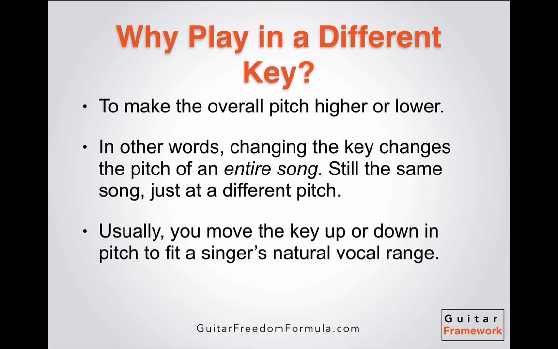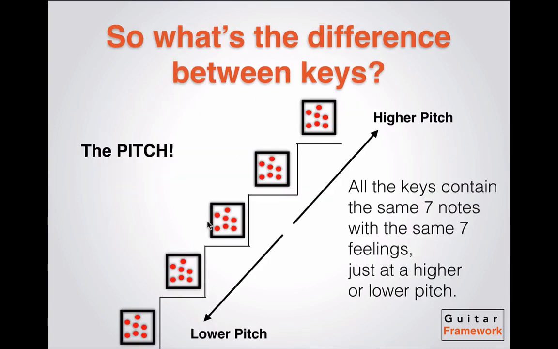If I go back to my stair analogy here, let's say there's a song that actually is played at this top key here, and you can see it's at a higher pitch. Well, if you're a singer and you have a really deep voice, you probably can't sing this high to hit all the right notes in this particular key. So you walk down the stairs, you step the key down to, let's say, this key right here.